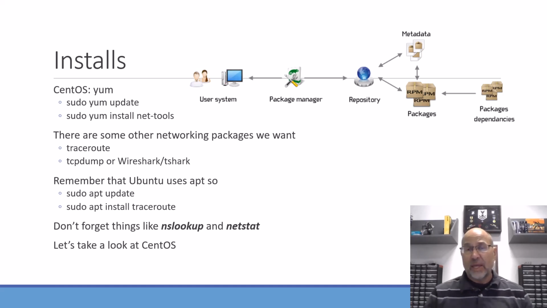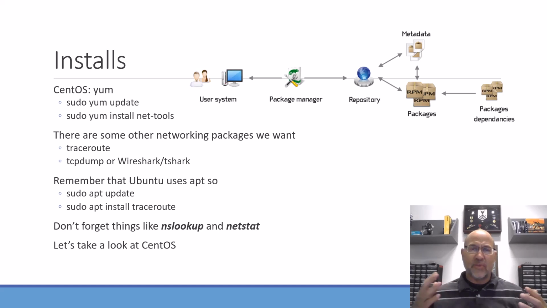Now, along the way here, what we want to remember is that there are a bunch of other tools that we might want to use. And if you're doing something like a minimal install, you might not have them, so you might have to remember to install them. The ones that I'm talking about specifically are things like traceroute, tcpdump, or Wireshark, tshark, and then maybe we want to remember nslookup and netstat.